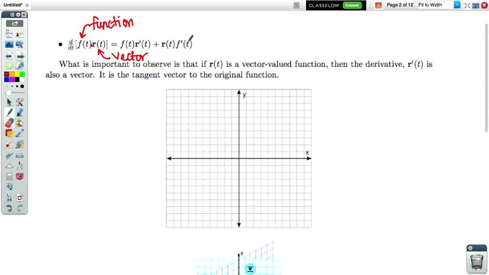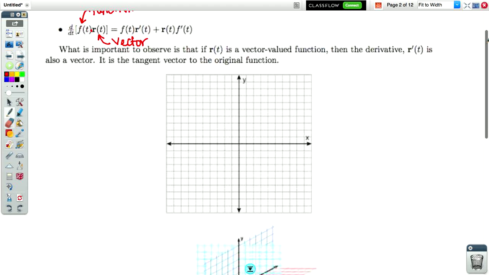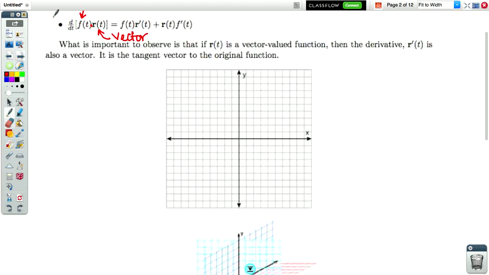D left in this case is the derivative of the function, just like you know how to normally differentiate. There's no changes there. So this is just our regular old product rule, but in this case we have a function times a vector, but nothing changes. So that's super nice about not having to remember a new rule there.